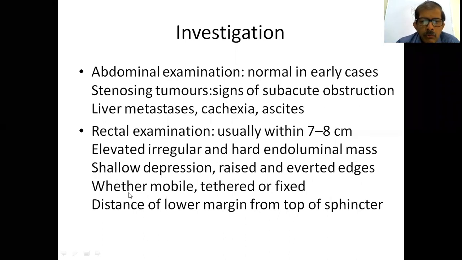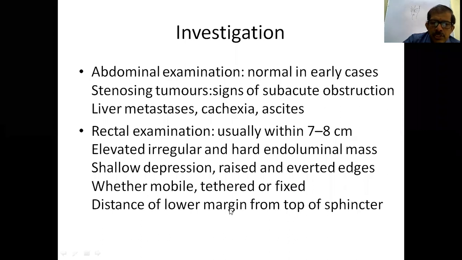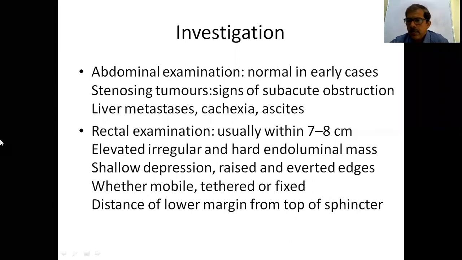So what you have to see is this distance is very critical. How much distance is there from the lower margin of the ulcer to the sphincter? So the anorectal sphincter is there. How much distance is it having from the anorectal ring?